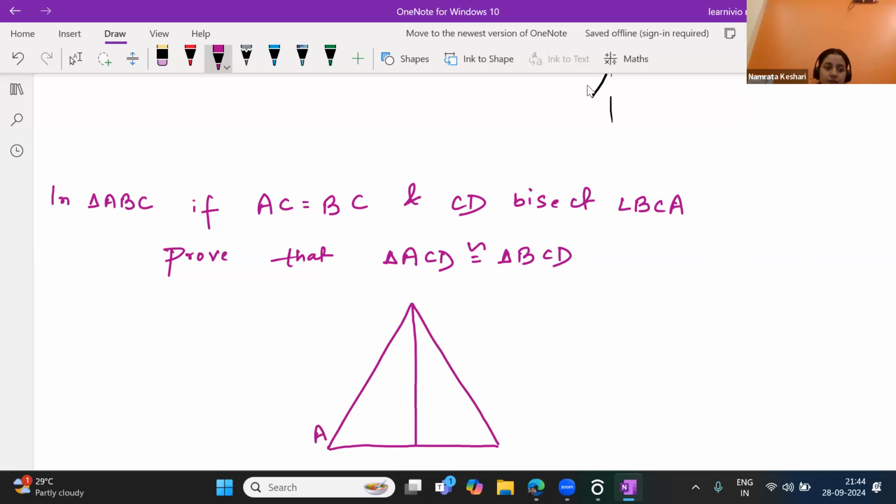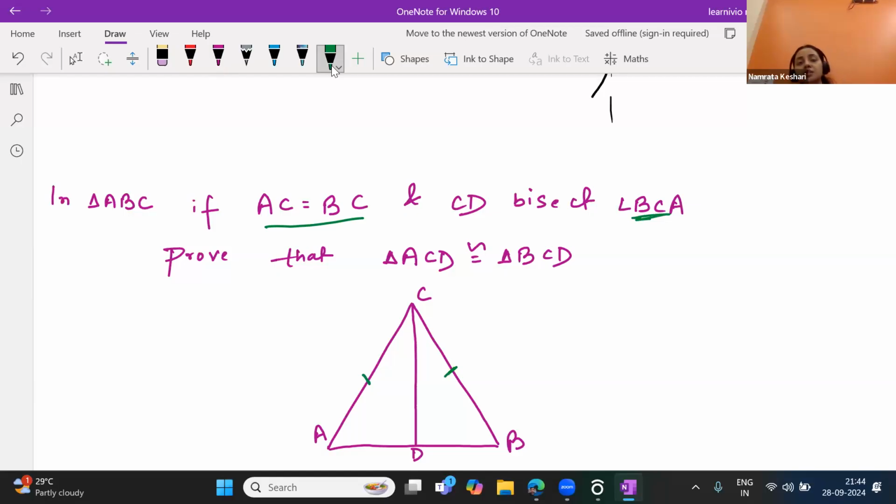A, B, C, D. Okay, let's see what the question says. In triangle ABC, AC and BC, these two sides are of equal length. This one is already given. CD bisects angle.